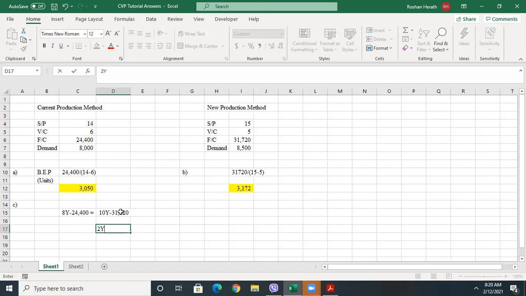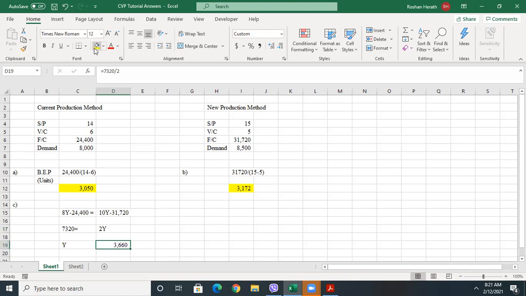If you take 31,720 to the other side, it's 31,720 minus 24,400, which gives you 7,320. So that is equal to 2y. Then you can easily figure out y, the number of units: 7,320 divided by 2. It's going to be 3,660 units.